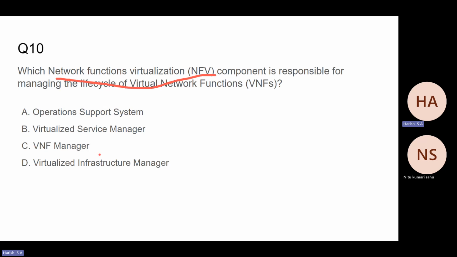Now we have a list of all the keywords. Let us take a look at all these keywords one by one, and then finally, towards the end of the session, we'll answer all these questions. So let's take a look.